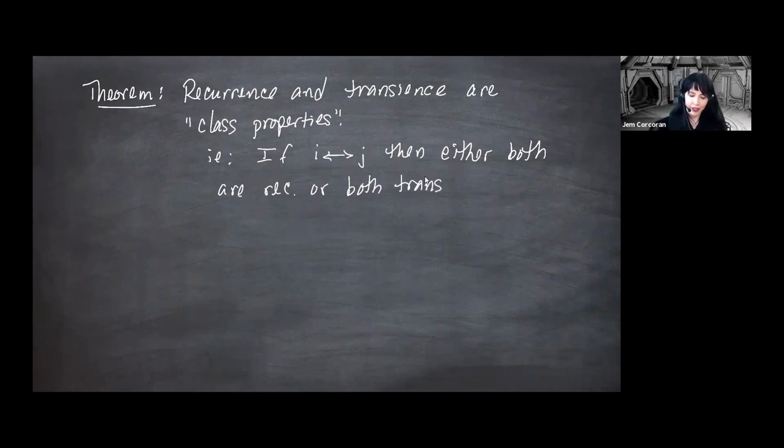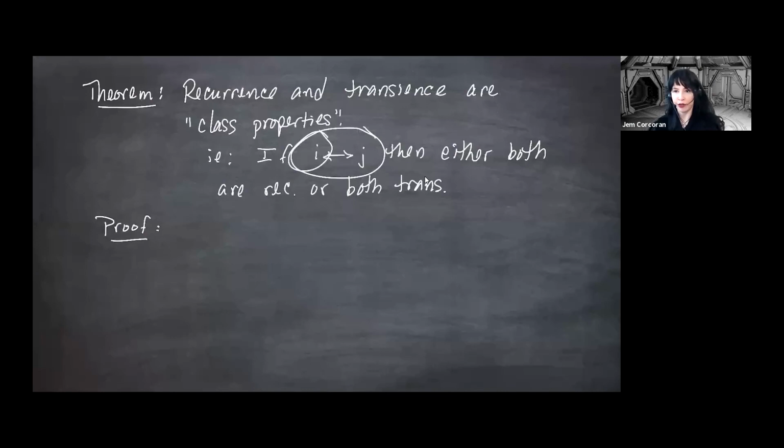Okay, so to prove this, let's pick a case. It is if and only if, right? Because if we prove this for recurrence, like if I is recurrent and I communicates with J, if we prove that J is recurrent, then we've proven it the other way around. Because if we start with I transient and, by contradiction, try to assume that it goes to a recurrent state J, then J communicating with I says, no, I had to be recurrent.